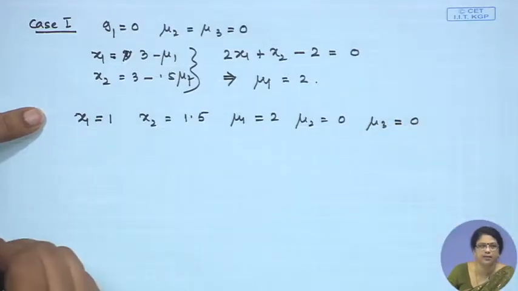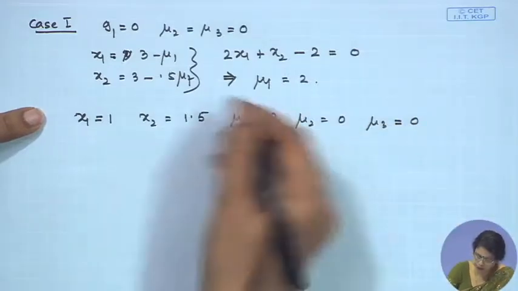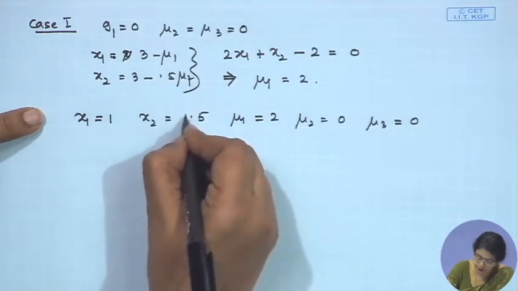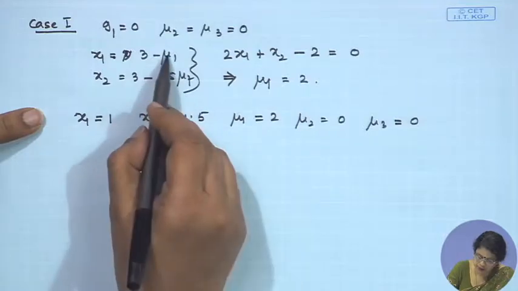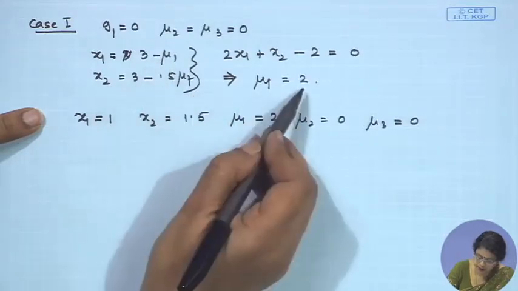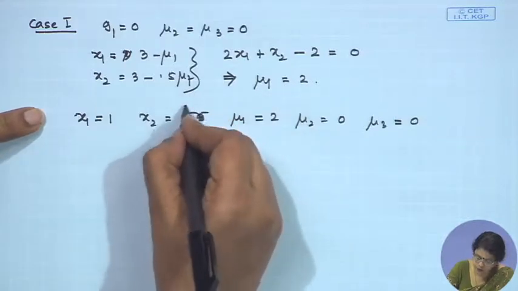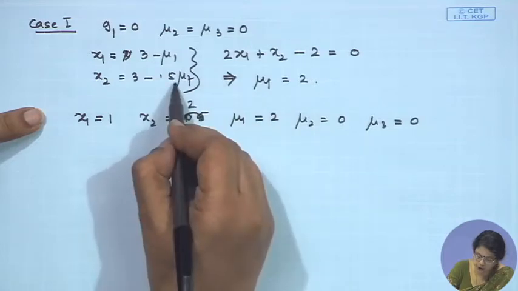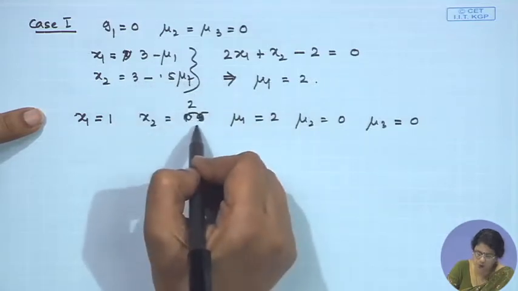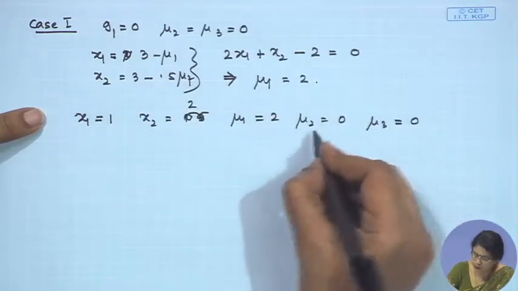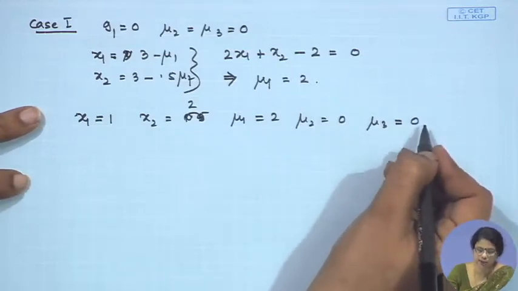Okay, we will get this value. This would be 2.5, not this, this is 1, and x2 is equal to 2 only, because 2 into 0.5, that is 1, 3 minus 1, 2. Mu1 is equal to 2, mu2 is equal to 0, mu3 is equal to 0, we will get this value.